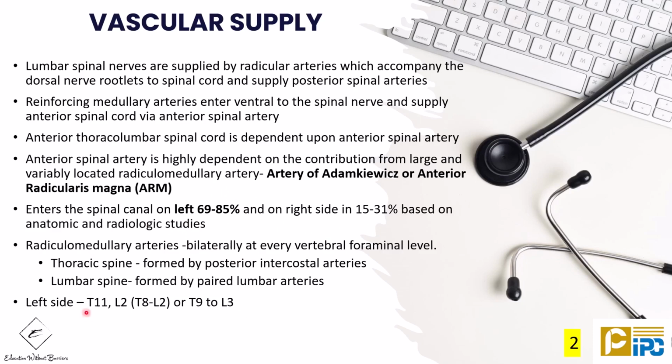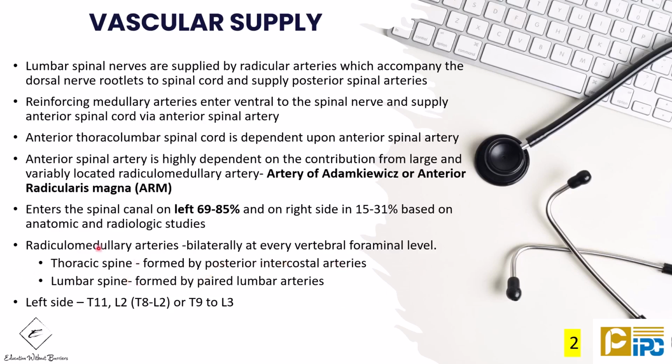Some studies would say they're between T11 and L2, or these are the two common levels, and the range can be as high as T8, and they can go as low as L3, but I've even come across studies which say even L5 or S1. So it can be quite variable in its position, but it is more common in the left. And we need to know about this artery because when you're doing this procedure, we want to stay away from this one.